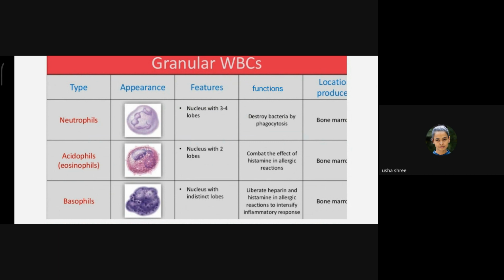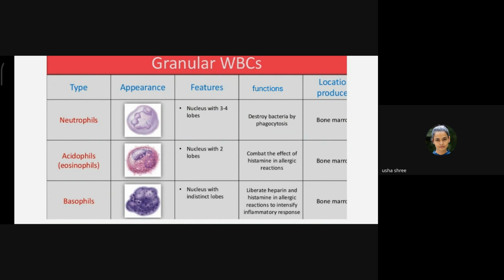Now, acidophils or eosinophils. You have heard this name eosinophil, eosinophilia, all these terms. When anybody is suffering from too much of allergic functions in nose, or allergic symptoms are being seen, eosinophils are increasing.